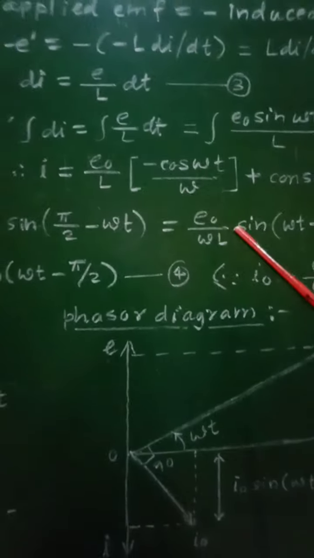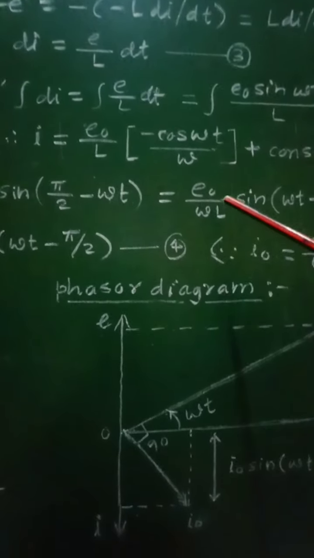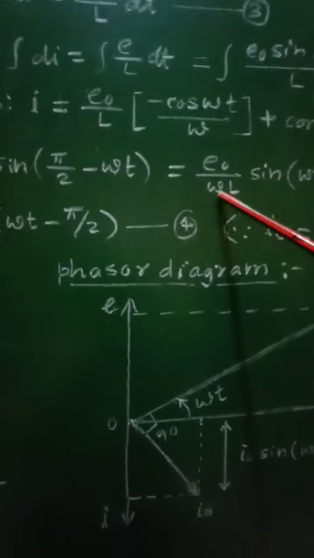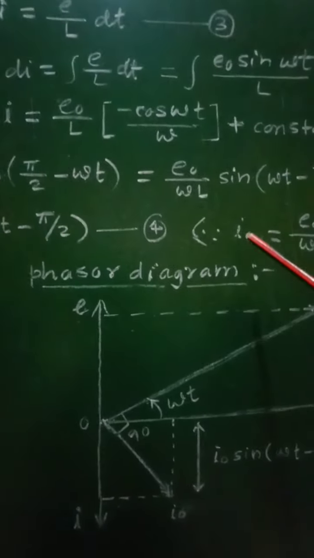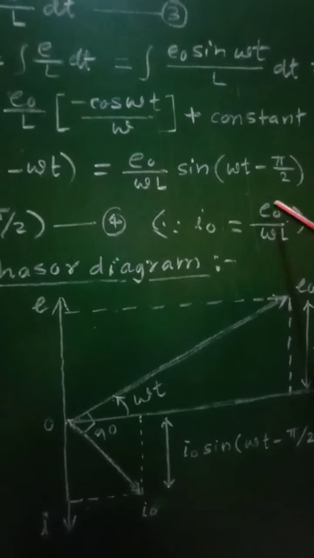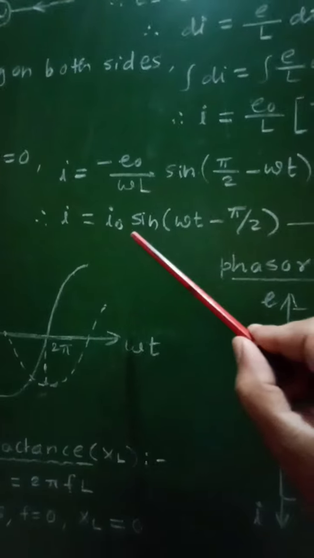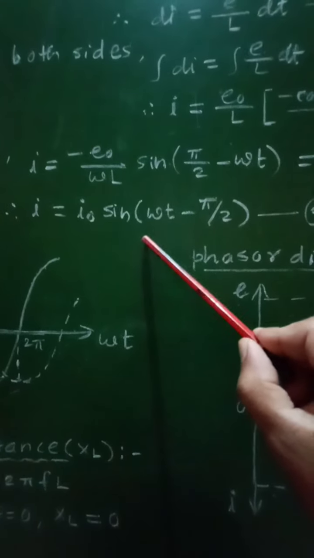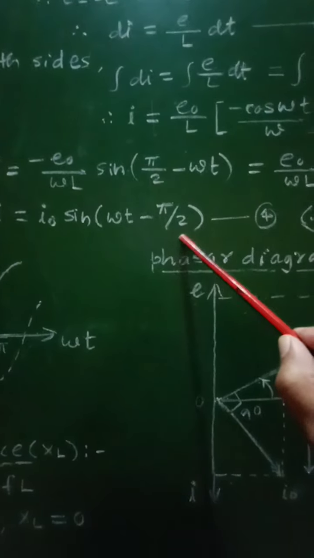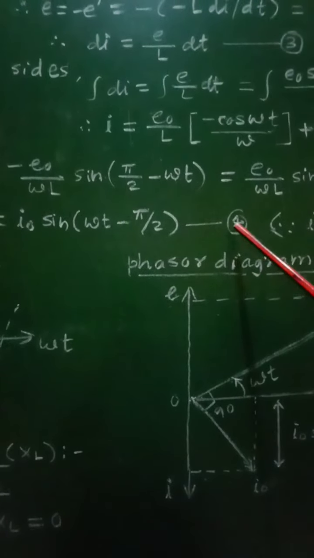In this equation E0 upon omega L gives the peak value of current, that is I0 equal to E0 upon omega L, and therefore I is equal to I0 sine omega t minus pi by 2, equation number 4.